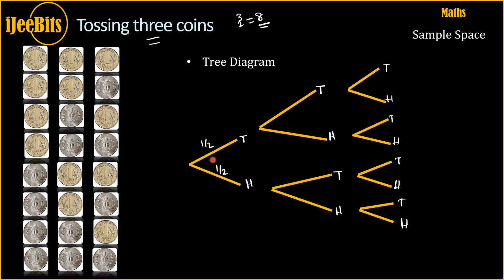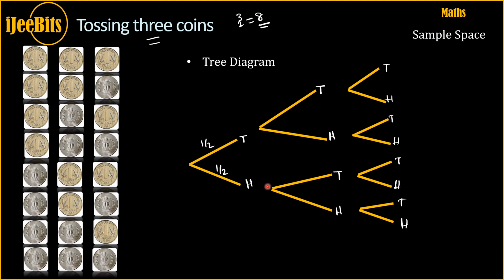So what I'm saying is, for the first coin you have 2 possibilities, and then you fix this position, and if you flip the coin again, T and H are the 2 possible outcomes that you are going to get with the second coin. So fixing the first coin at T, you may get 2 chances.